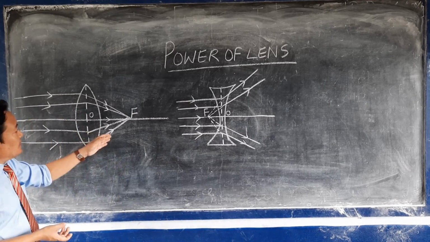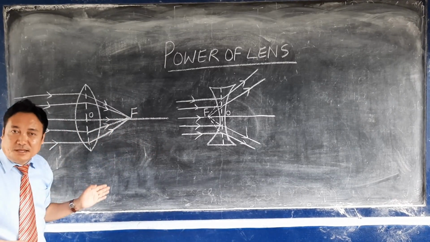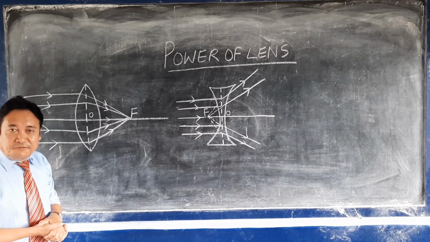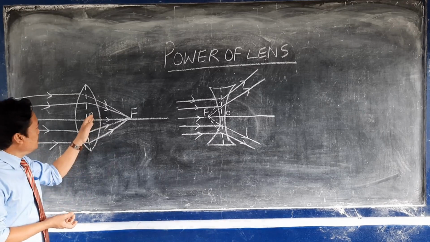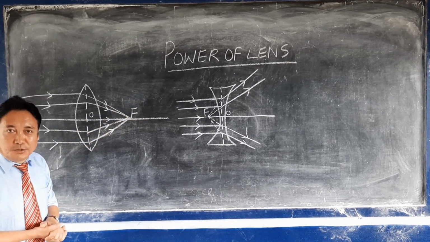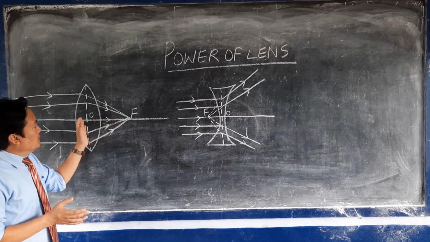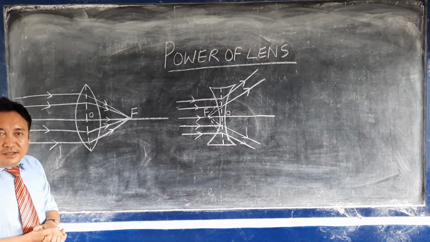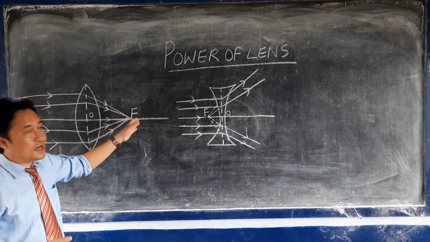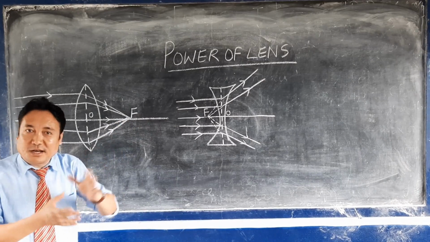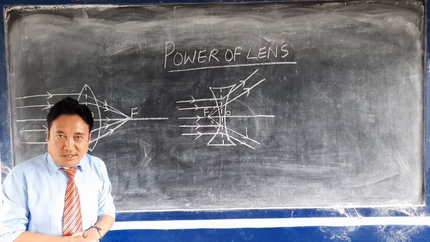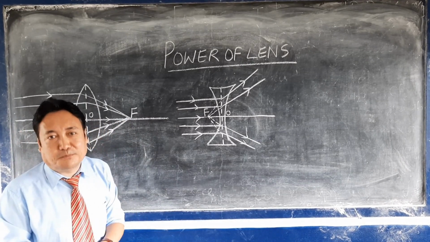The power of lens can be more or less depending upon the focusing of the refracted rays, either closer to the optical center or farther away from it. Since the refracted rays focus between the optical center and the focus, that distance we call the focal length. Therefore the power of lens is related with the focal length. So let us come to the definition of power.